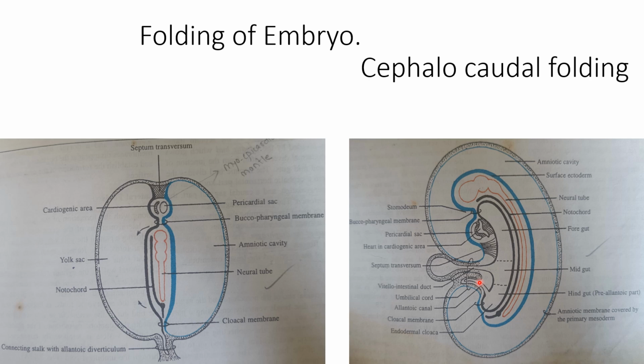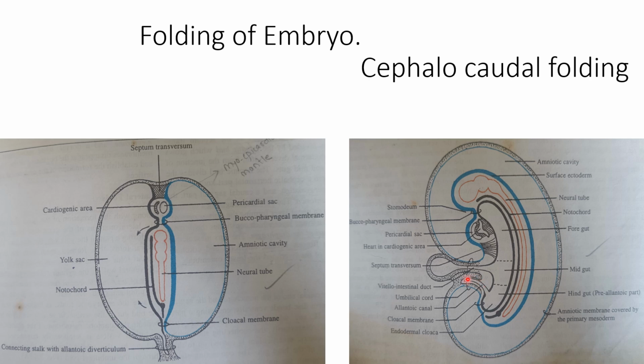So when you are doing dissection of the anterior abdominal wall in the infra-umbilical part, you can see in the median plane there is the median umbilical ligament. This is nothing but the remnant of urachus, and urachus is nothing but the distal part of the allantoenteric diverticulum.